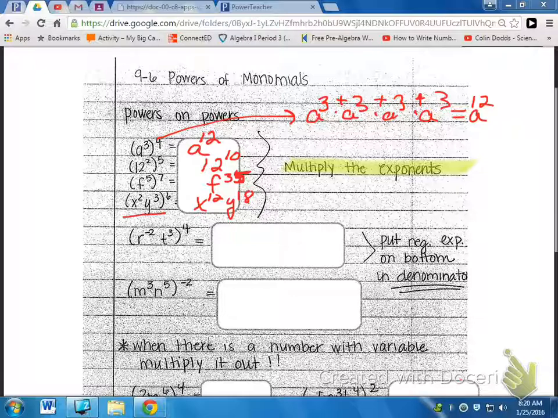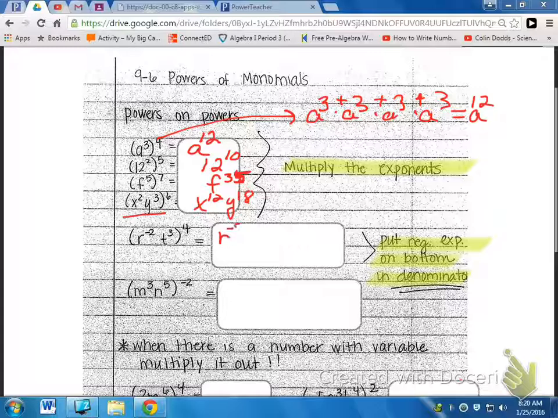All right, any questions about that? We're going to add some negatives to this. But remember, don't forget about negative exponents. Put the negative exponents on the bottom in the denominator, and that takes the negative away. So if I have r to the negative 2, t to the third, and that's both to the 4th power, it would be this.